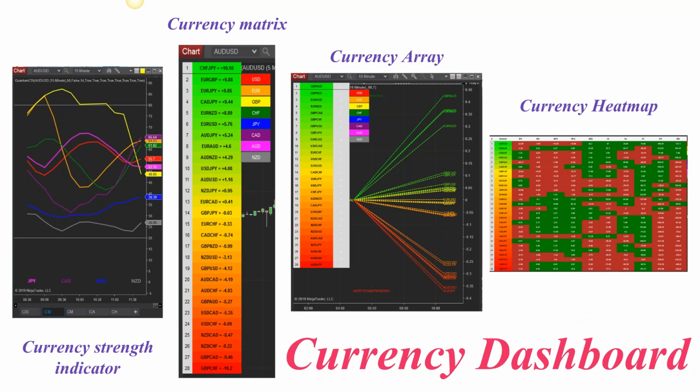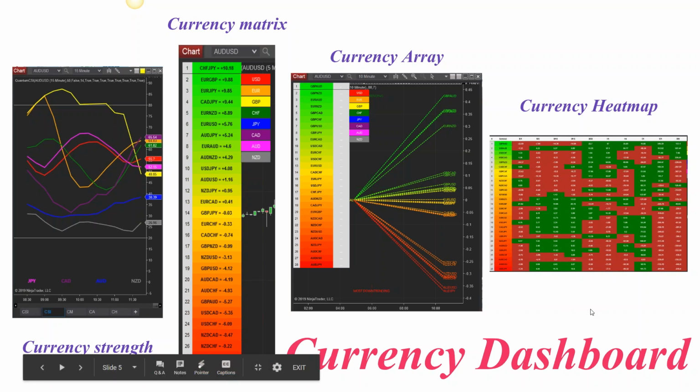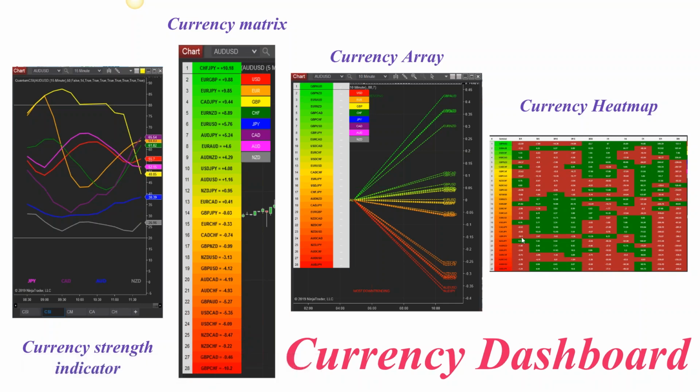The one we always start with is the currency strength indicator, where all the currencies are divided out. We see the individual performance in any particular time frame, what's being bought and what's being sold, and we use it in a myriad of different ways. The best way to see how these indicators work is in the live market. So while I set my charts up, I'll pass over to David.